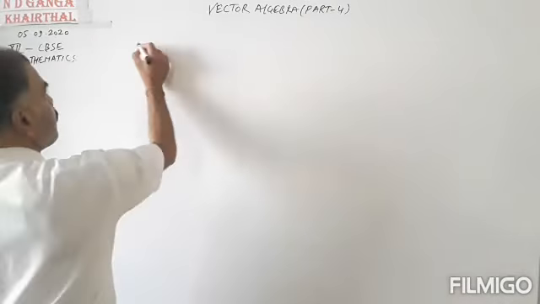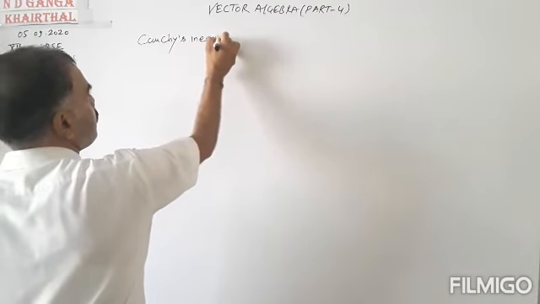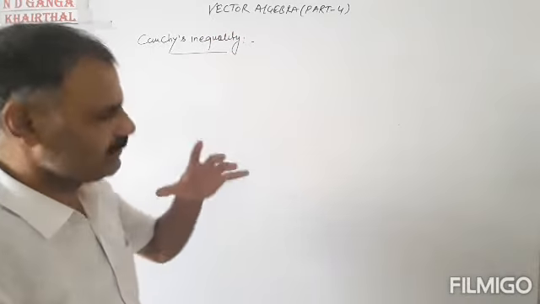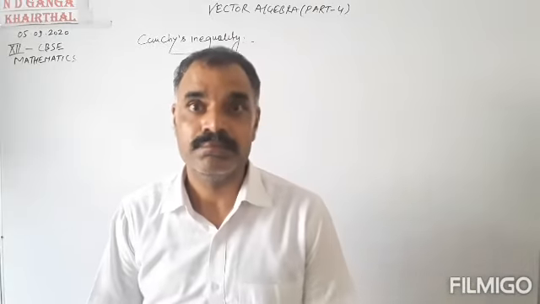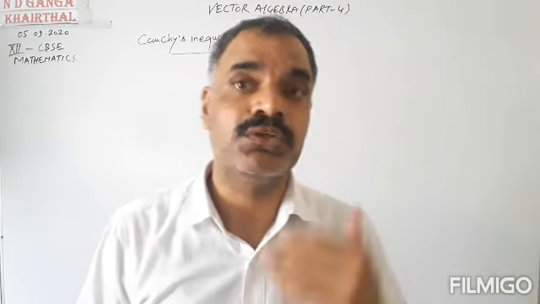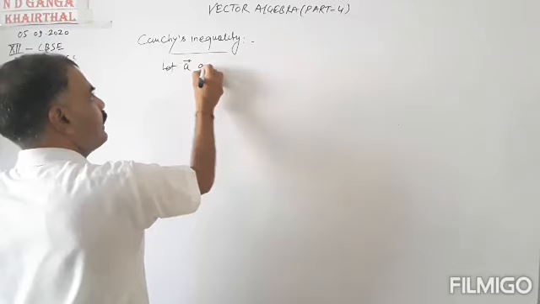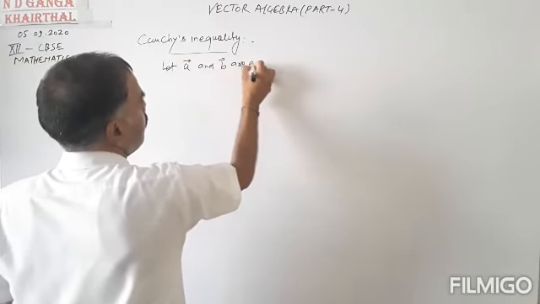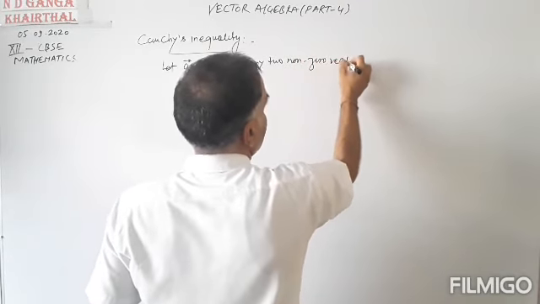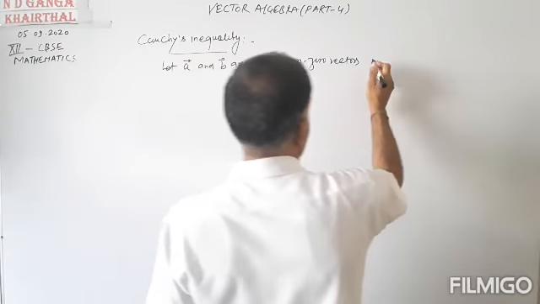Let us have the Cauchy's inequality. What is the Cauchy's inequality? Its statement is: let A vector and B vector be any two non-zero vectors.